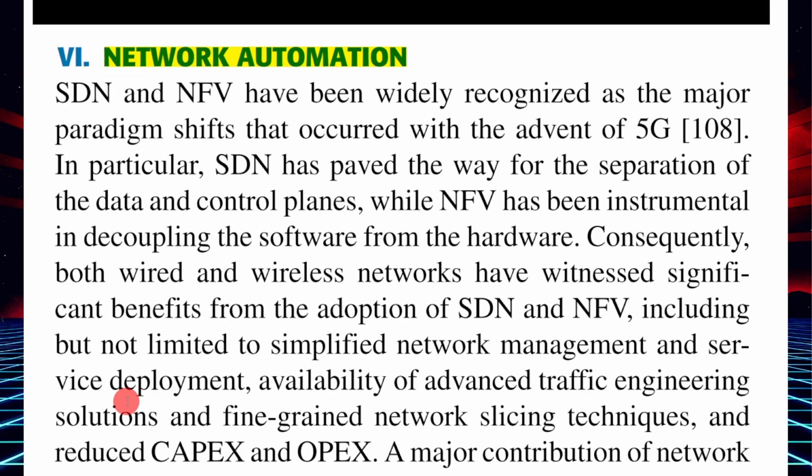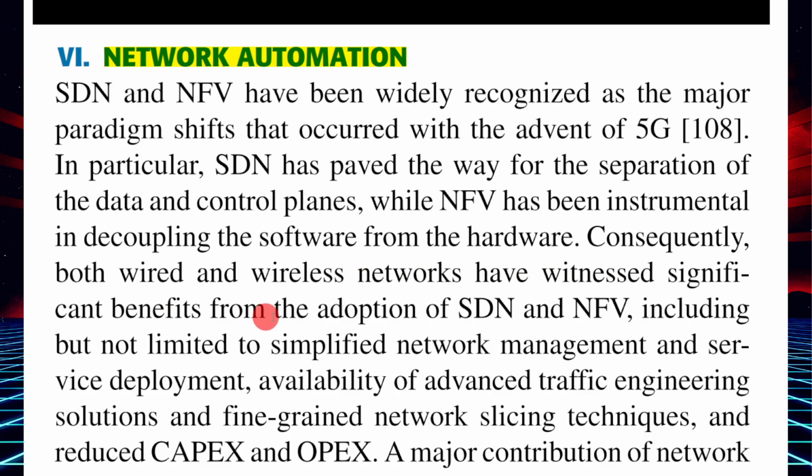Section 6, Network Automation. SDN and NFV have been widely recognized as the major paradigm shifts that occurred with the advent of 5G. In particular, SDN has paved the way for the separation of the data and control planes, while NFV has been instrumental in decoupling the software from the hardware.